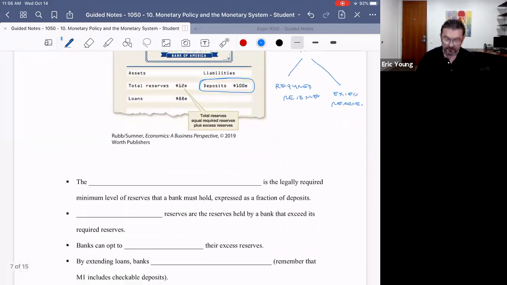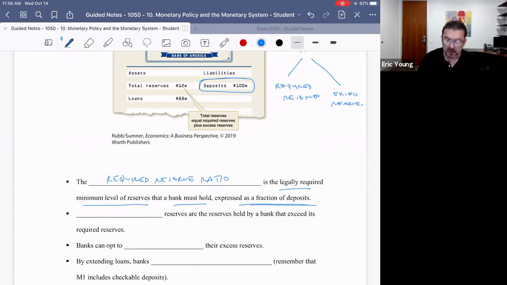Digging a little bit deeper. A critical rate here is what's known as the required reserve ratio. The required reserve ratio is the legally required minimum level of reserves. It's the required reserves that a bank must hold, and it is expressed as a fraction of deposits.